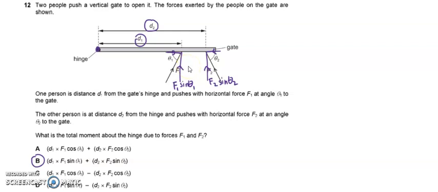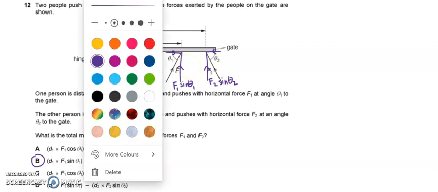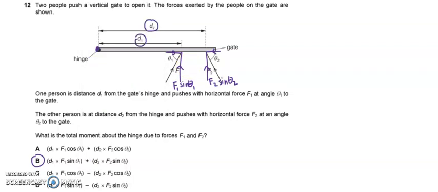Alright, for question 12, we see here the forces F1 and F2 we can actually resolve to the horizontal and vertical components, and we take moment about the hinge here. So the horizontal force, actually the line of action of the force passes through the hinge, so the distance from the hinge is 0. So the moment due to all the horizontal forces will be 0.